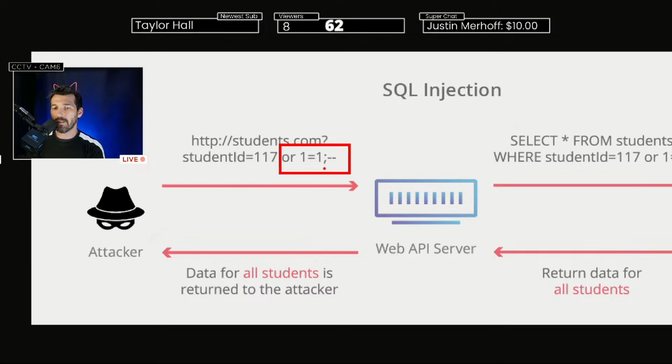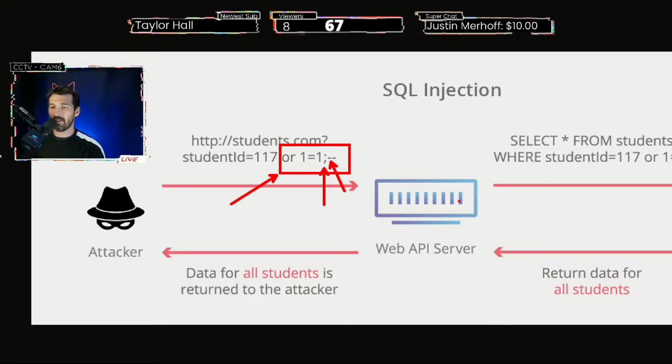Now, this semicolon says end of the SQL statement, and this dash dash means ignore everything after this. This is a way to make sure the SQL statement that you're injecting, what I've got in the box right here, this is the injection, okay? The dash dash at the end makes it so if there's additional things afterwards, like group by or other fields, they just get ignored. And this is what allows it to work.